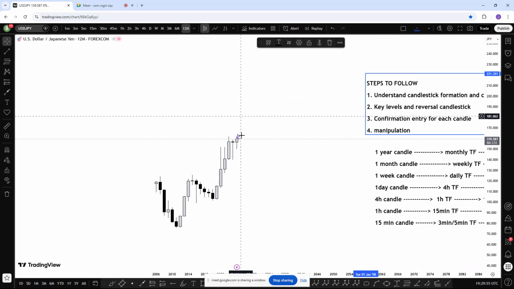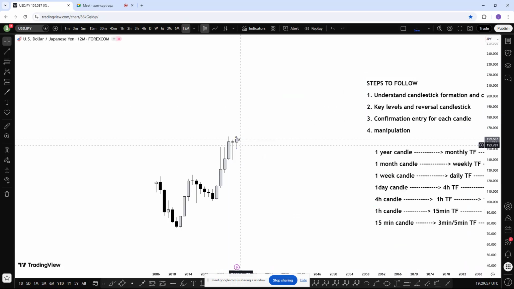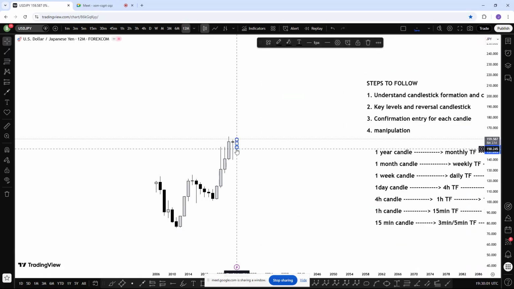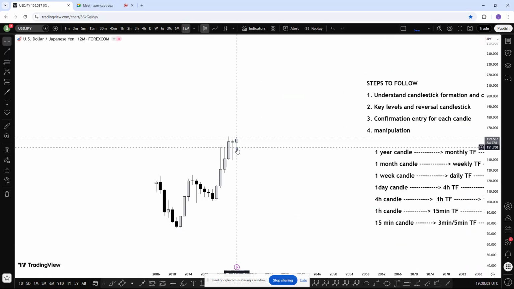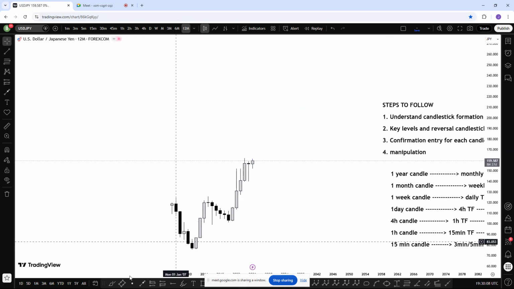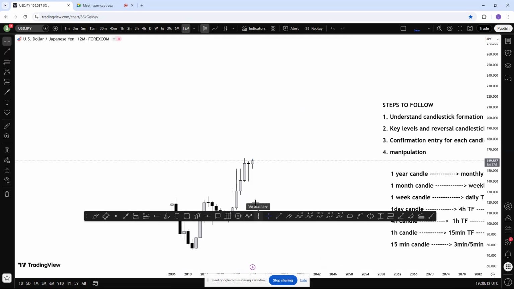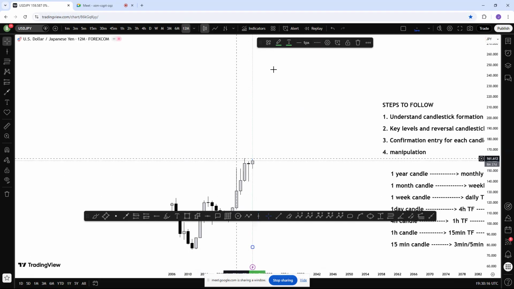Assume you want to trade this year. You come here and you put a vertical line. You bring your line here. You paste it here in the middle of the candlestick like this.